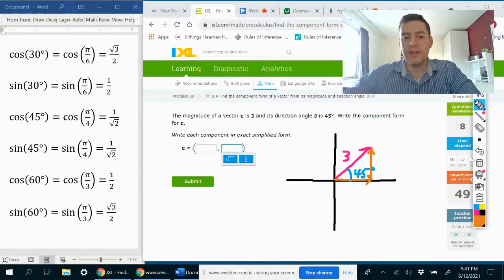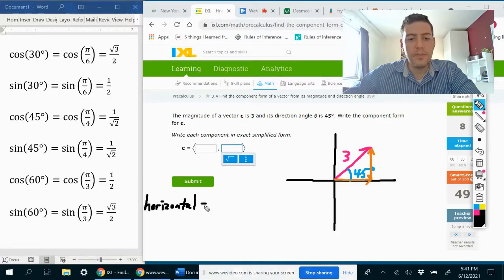Well, we're going to go back to that rule that says if we want to find the horizontal component of some vector, I'm just going to call the vector V, even though I know it does say C over here, because I'm just going to keep this on the screen for a while.